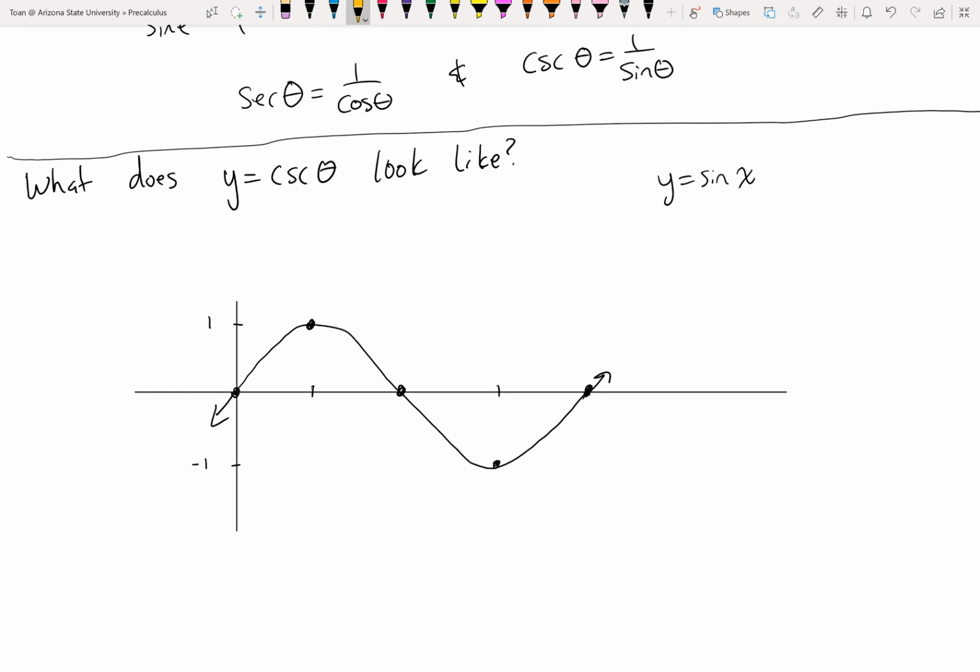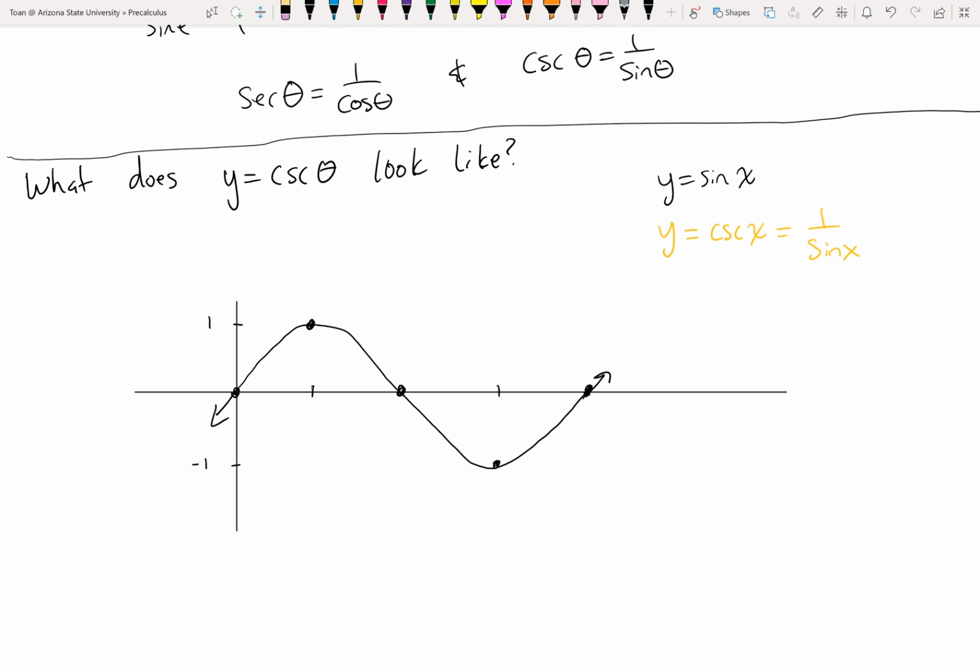In the gold here, I want to see what y equals cosecant of x looks like. And remember, cosecant is the reciprocal of sine. Well, as discussed yesterday in previous units, for rational functions, you will have vertical asymptotes wherever the denominator equals 0. So I know for the cosecant graph, I'm going to have vertical asymptotes wherever sine equals 0.